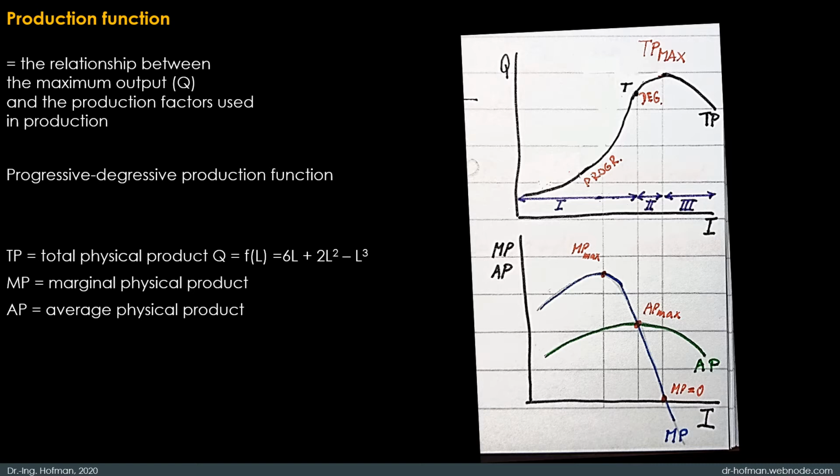However, the average product of fixed inputs, not shown in the graph, is still rising because output is rising while fixed input usage is constant. In this stage, the employment of additional variable inputs increases the output per unit of fixed input, but decreases the output per unit of the variable input.